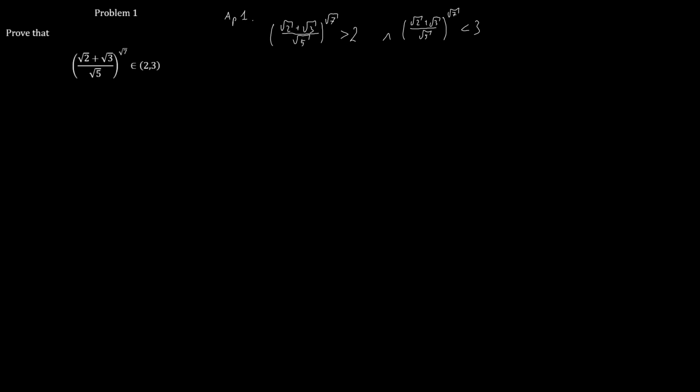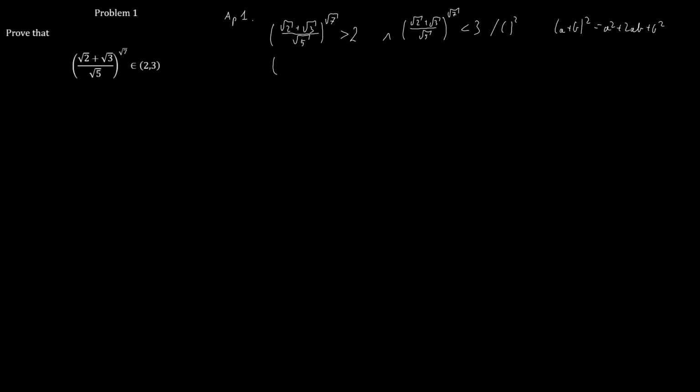Okay, to cancel out some square roots, we can raise both sides to the power of 2. So we do that. And then we have, from the algebraic identities, I mean (a plus b) squared is a squared plus 2ab plus b squared, right?